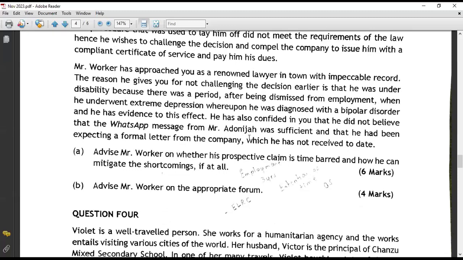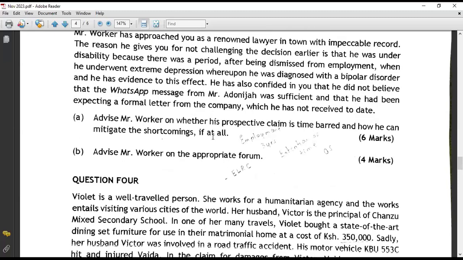The reason he gives you for not challenging the decision earlier is that he was under disability because there was a period after being dismissed from employment when he underwent extreme depression, whereupon he was diagnosed with bipolar disorder, and he has evidence to that effect. He has also confided in you that he did not believe that the message from Adija was sufficient, as he had expected a formal letter from the company which he did not receive to date.